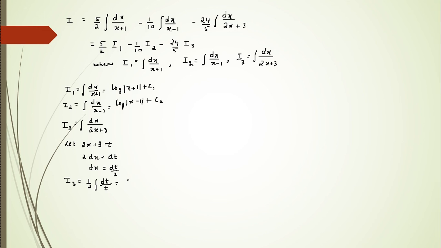So this is equal to 1 by 2 log of t plus c3. Putting the value of t, I get I3 is equal to 1 by 2 log of modulus 2x plus 3 plus C3.